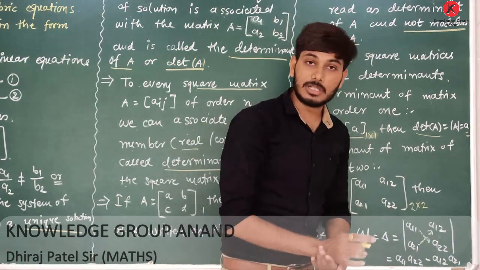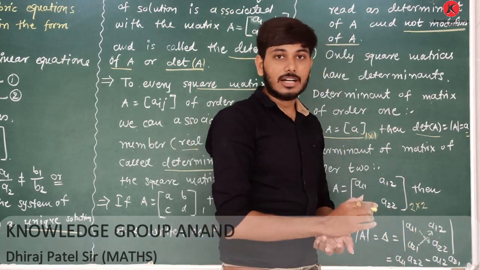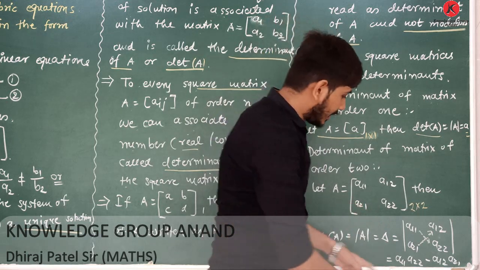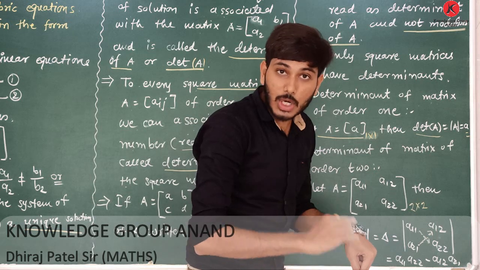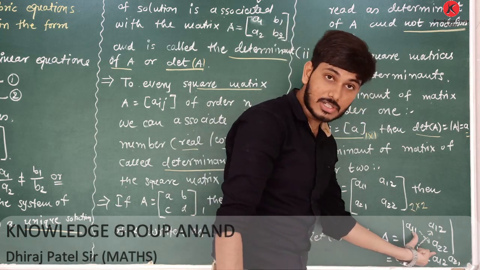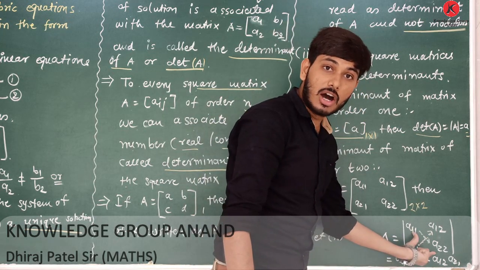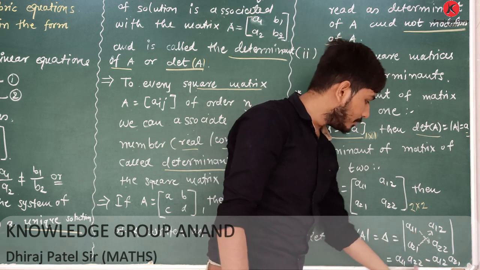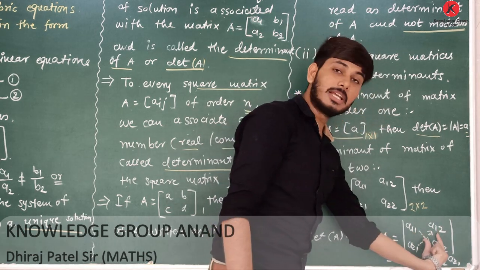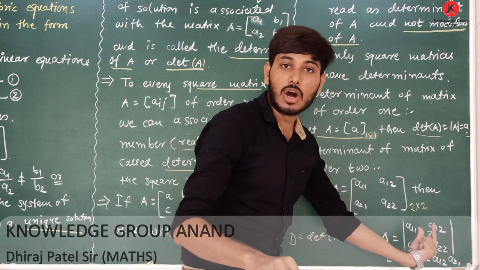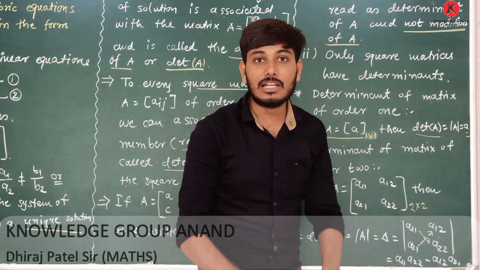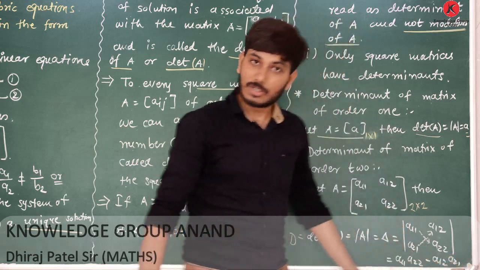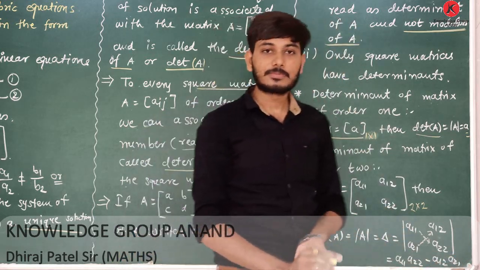In general, the multiplication of elements of the forward diagonal minus the multiplication of elements of the backward diagonal represents the value of that determinant. Okay, clear?